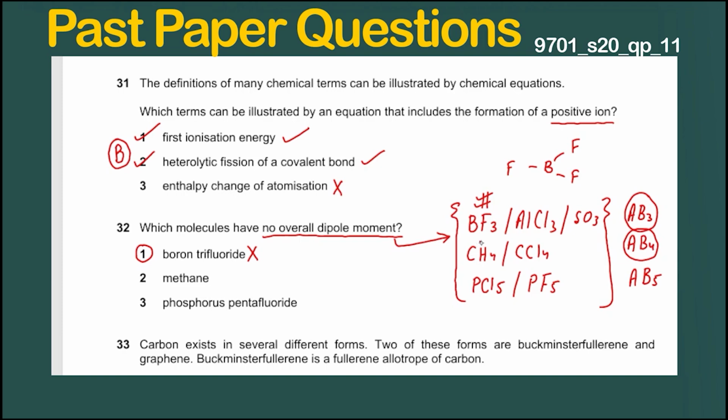Methane is a perfect molecule, so it is not forming any dipole moment. Phosphorus pentafluoride PF5, that is again a perfect molecule, so it is again not having any dipole moment. So A, B and C, all the statements are correct. So beta ji, that's why we will move with the option A.